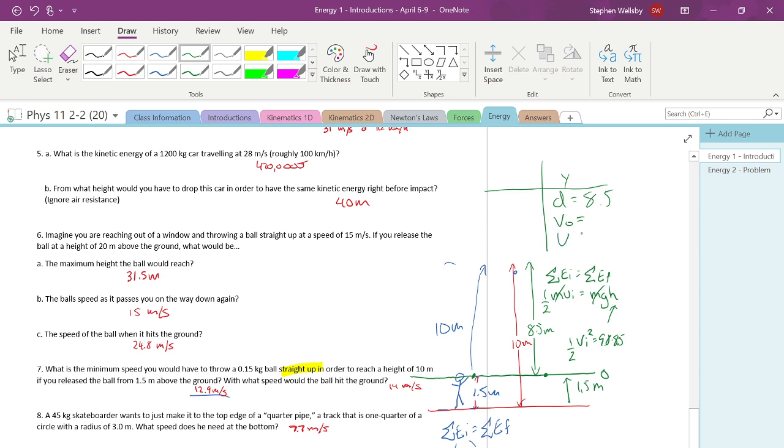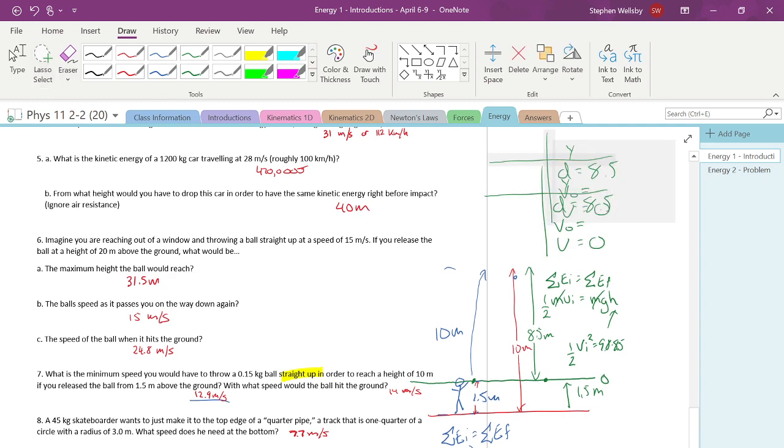Our final speed will be 0. Our acceleration will be negative 9.8, and we don't know what our time is. But if we think back to kinematics, it's definitely going to have some initial velocity.